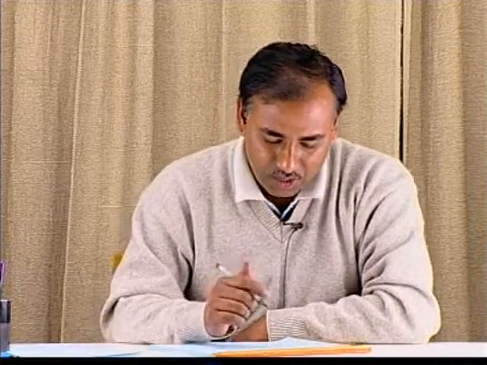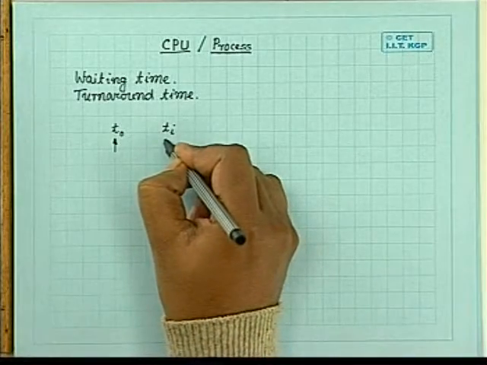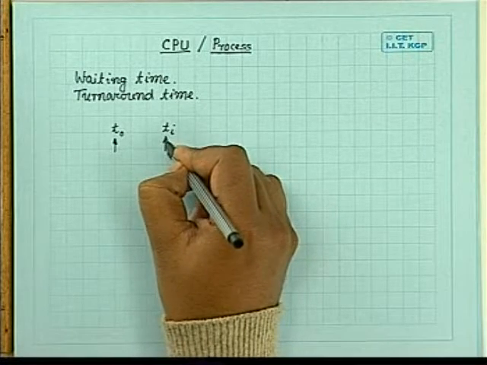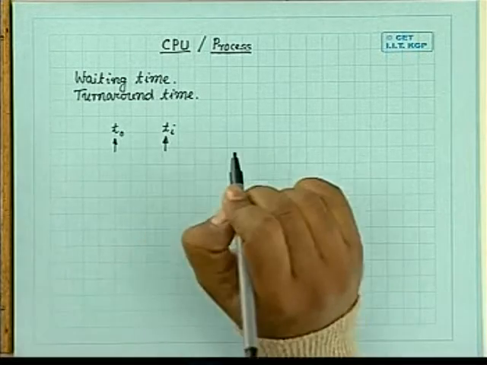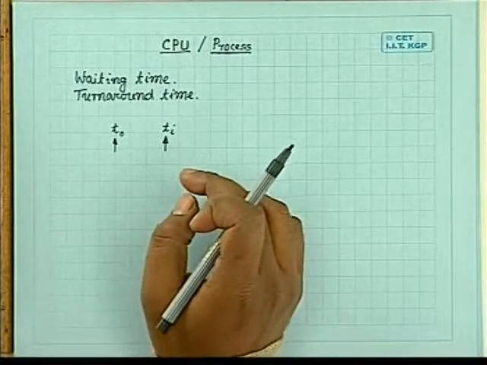It cannot be expected, because at that time maybe the CPU was busy executing some other user program. So, I submitted the job at time instant T0, and the CPU starts execution of the job at time instant Ti. Okay. So, how much time am I waiting? That is Ti minus T0. So, this Ti minus T0 is the time which is known as waiting time.